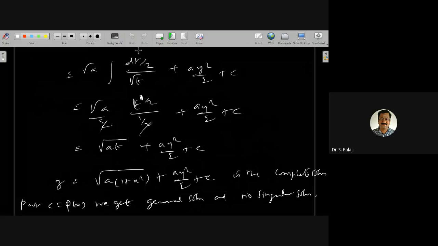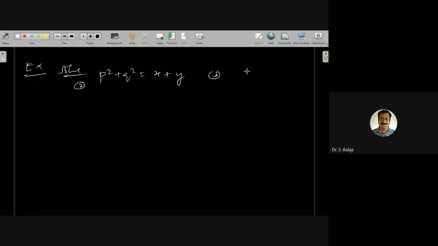With the help of the same idea, here are two problems for your exercise; solve them by the separable equation idea. The second problem is p square plus q square equal to x plus y. The third problem is p minus x square equal to q plus y square.